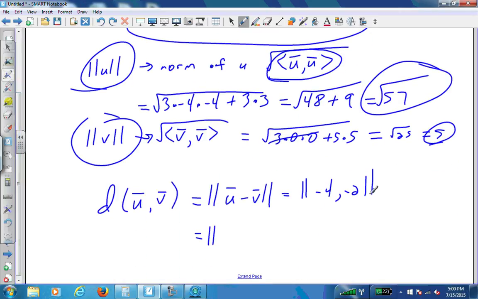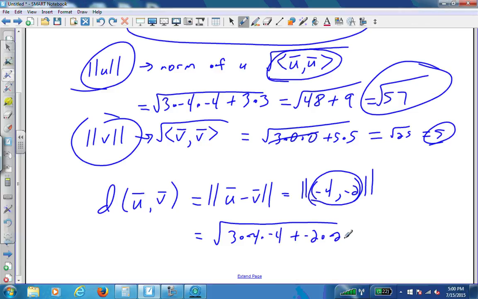And then if we want the norm of that, that's the square root of doing the inner product with this on itself. So I do 3 times -4 times -4 plus -2 times -2.